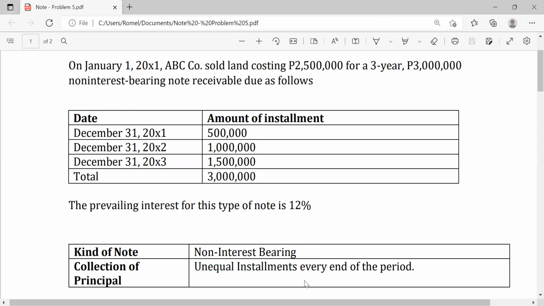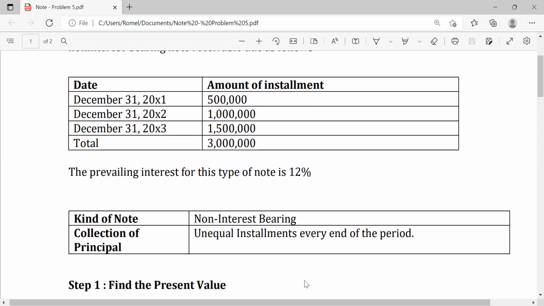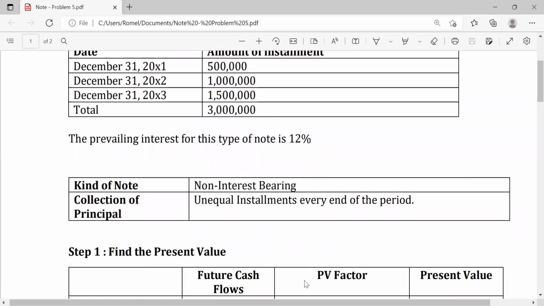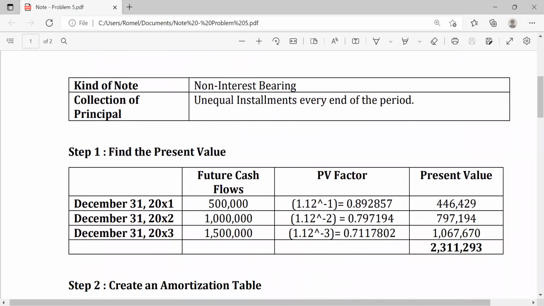So what is the implication if unequal ang installments? Pag unequal ang installments, we need to manually solve the PV of 1 for every year.